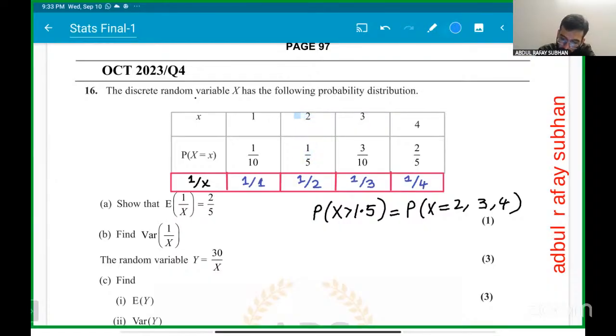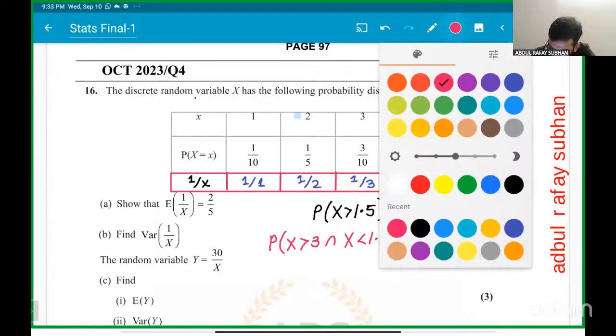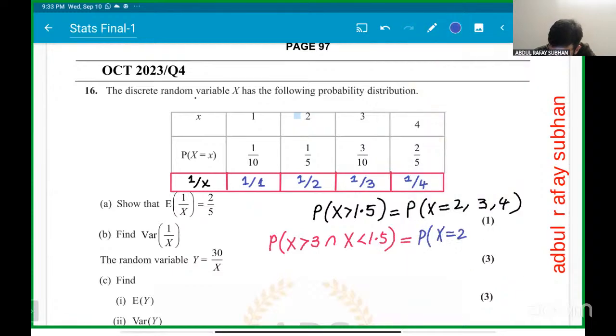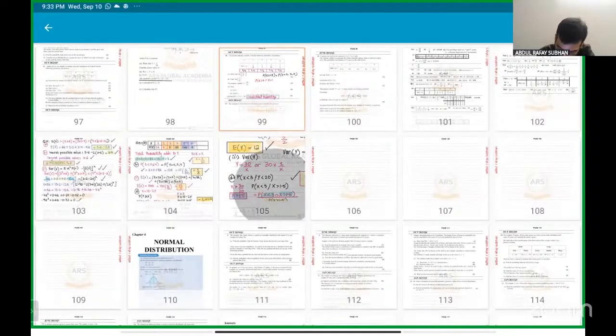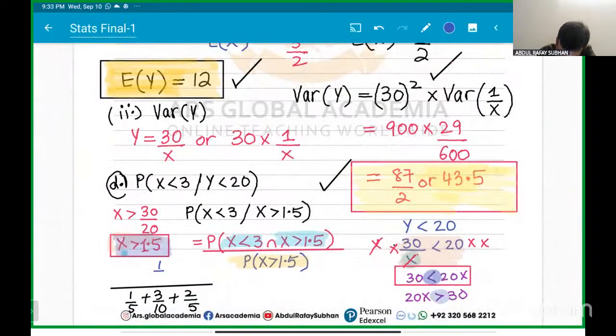For your convenience, in simple words this means the probability of x is equal to 2 only, which is 1 over 5. Just write down 1 over 5 in the numerator, and that will be the answer.